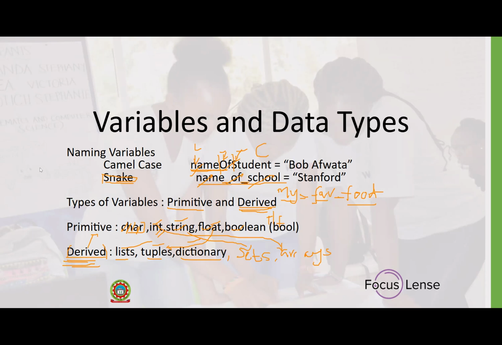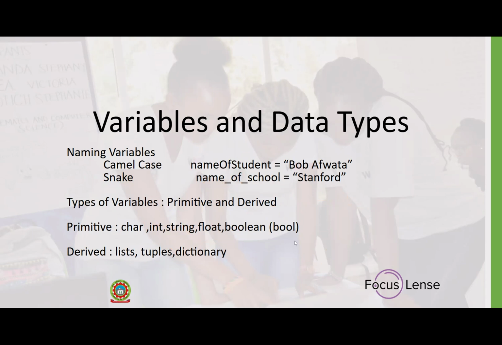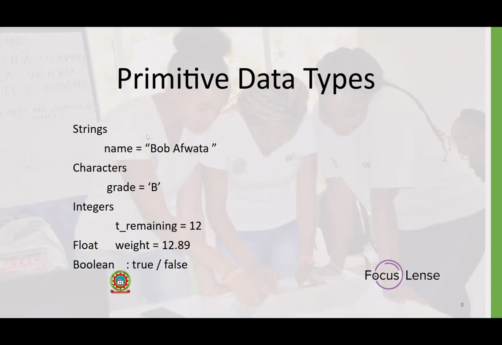So that is the concept of data types and arrays. Then we looked at strings. What are strings? If you have characters together, like Bob, B, O, B, this is a string.